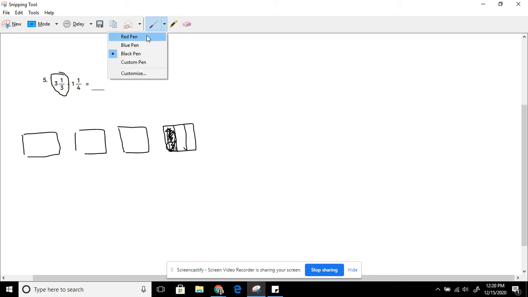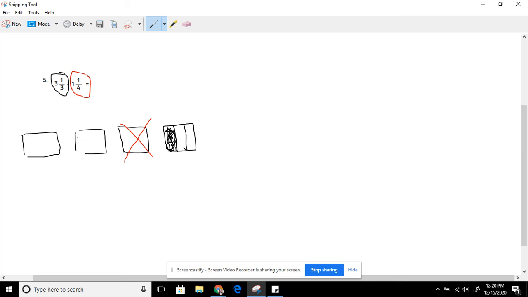Now let's look at our 1 and 1/4. This is what we're taking away. We're subtracting here, so we're going to take away 1 and 1/4 from this fraction model of 3 and 1/3. We're going to start with our whole number, 1, and take away 1. Then we're going to take away 1/4.